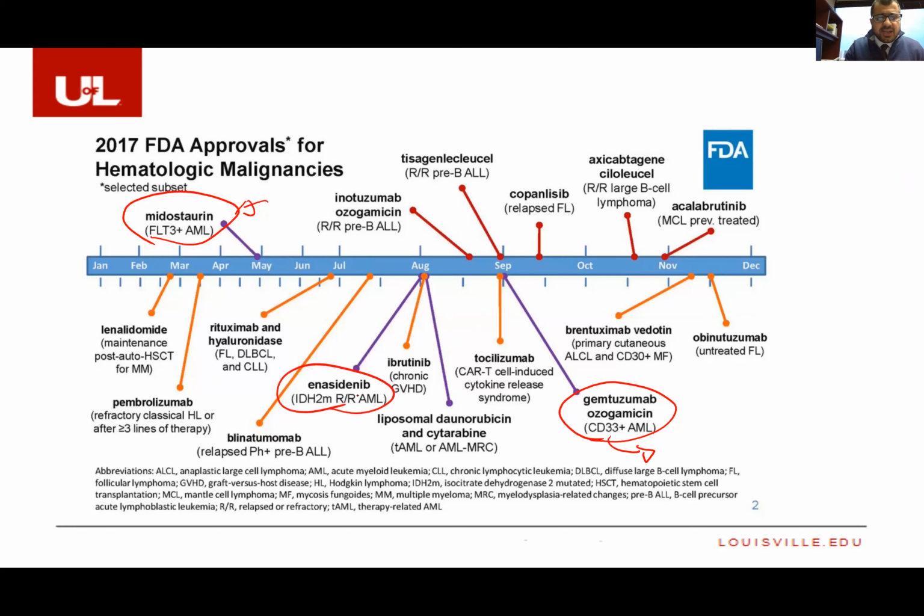And then you have enasidenib, which is an IDH2 inhibitor. We'll talk about it later, and this was approved in relapsed refractory AML patients who are found to have an IDH mutation.